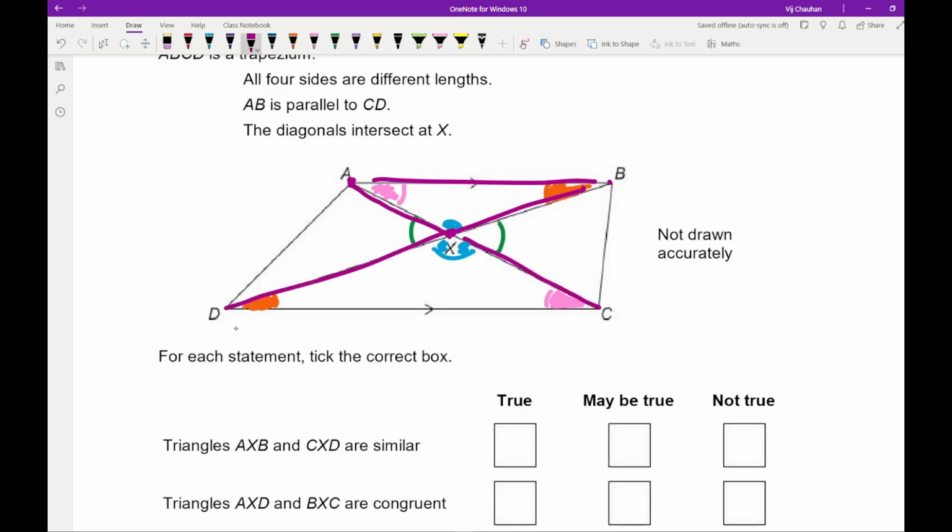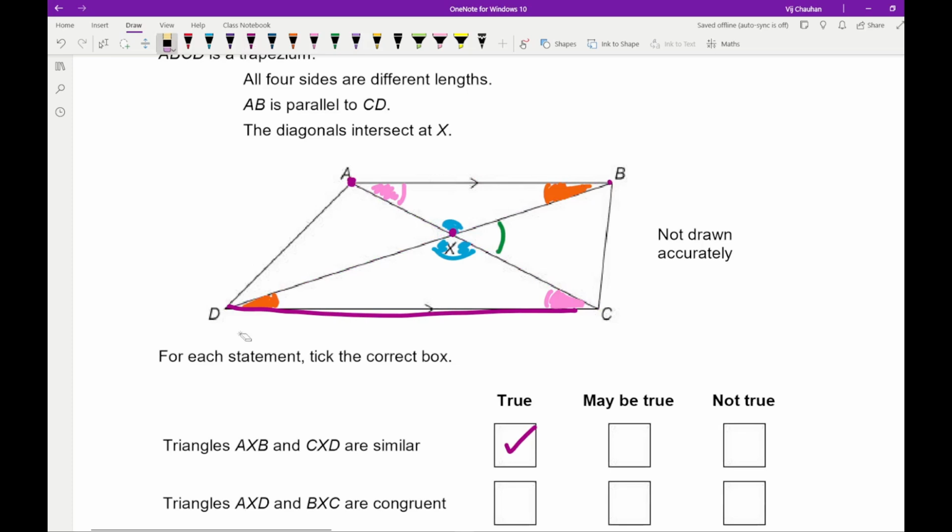Now for triangles to be similar, the interior angles must be the same, which they are because as you can see I've got a pink angle, an orange angle and a blue angle, so that there is true. It then says that triangle AXD is congruent to BXC. Let's just get rid of the shading so it's not confusing.